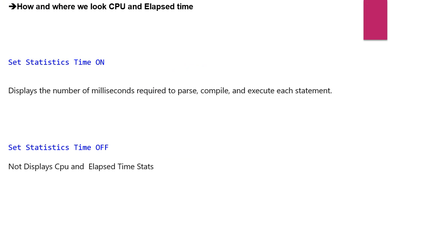If we run a query the first time, it will provide the parse, compile, and execute timings. Since we have already run this query many times, it shows only the execute time. SET STATISTICS TIME OFF will not display the CPU and elapsed time statistics.